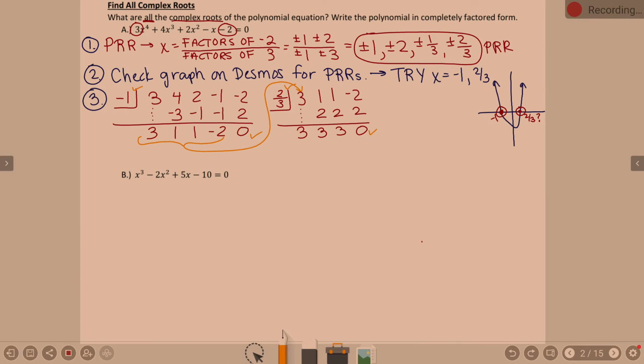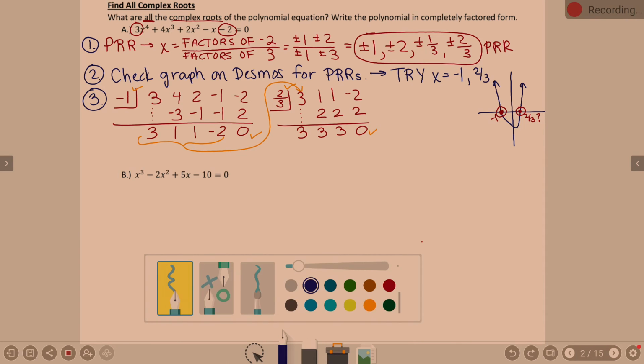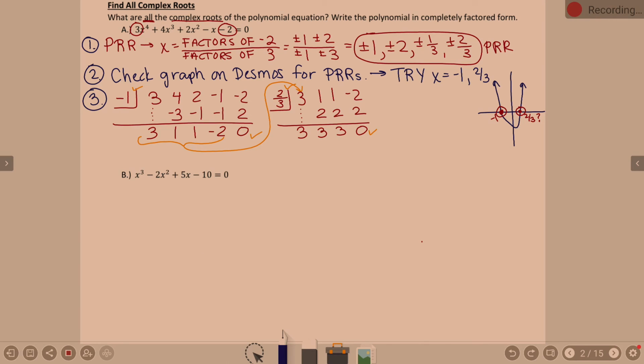So what we know right now, because part of this you have to have a factored form, with the 0 of negative 1 working, what is that represented as a factor? It's x plus 1.